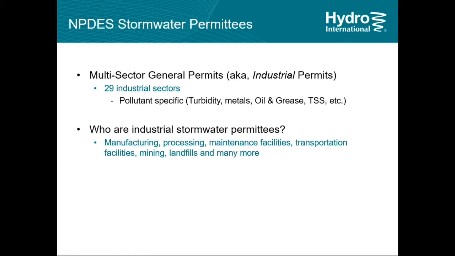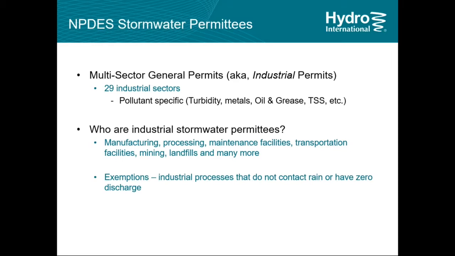So who falls under the industrial stormwater permit? It's a very broad umbrella: manufacturing, processing, maintenance facilities, garages, transportation facilities, mining, landfills, transfer stations, a bakery. Literally, it's a very broad net, and more facilities are falling under the industrial permit as time goes on. So that field of who is the industrial permit holder, or who should be holding an industrial permit, is growing.